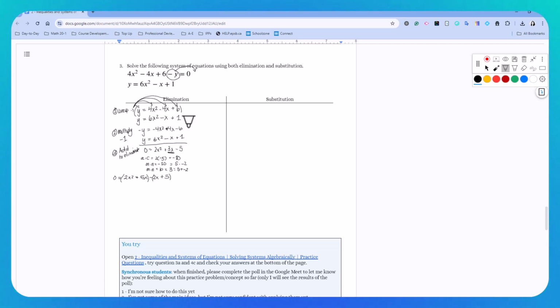Let me make it clear that even though this is subtract, it's actually a negative 1. That has to distribute back to get 2x minus 5. So negative 1 times minus 2x is minus 2x. Negative 1 times positive 5 is negative 5. And that's what we want. We have to have that negative 5 there.